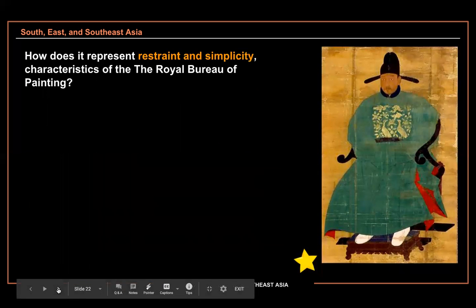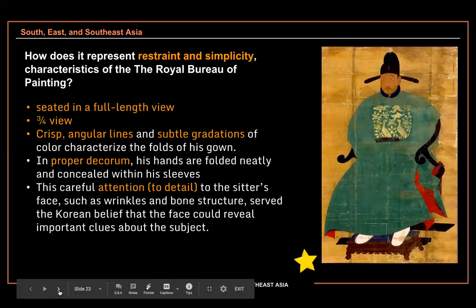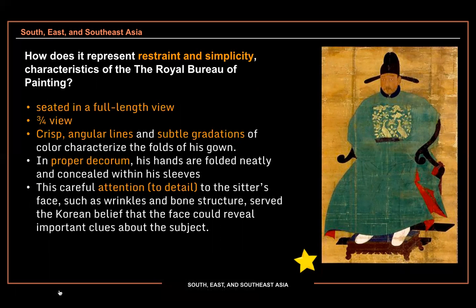Okay, so there was a Royal Bureau of Painting in Korea during this time, and so many artworks had to show elements of restraint and simplicity. So thinking about what elements of this show restraint and simplicity, right? He's seated in a very static pose.